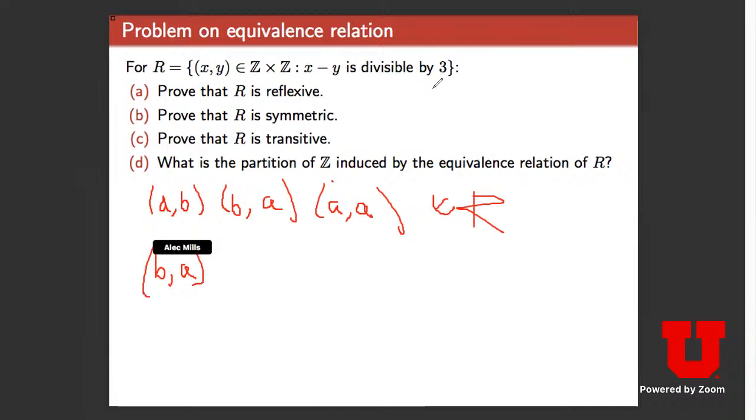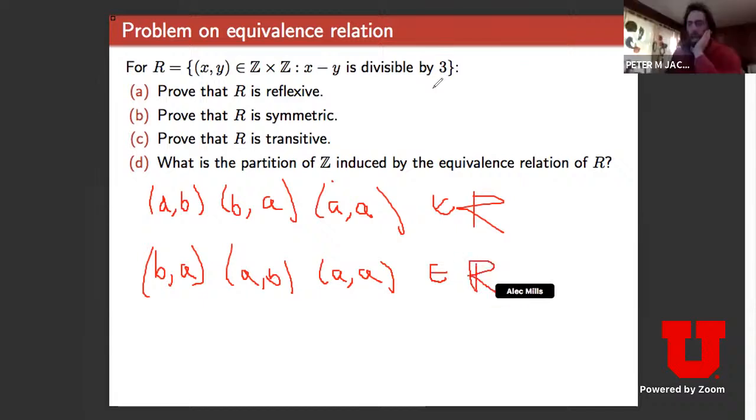AB, I swap those pairs. And AA, I swap those pairs and get the same. So it seems to me like any ordered pair in R is also in R reverse. And that just comes from the symmetry. A relation is equal to its inverse, provided that the relation is symmetric.